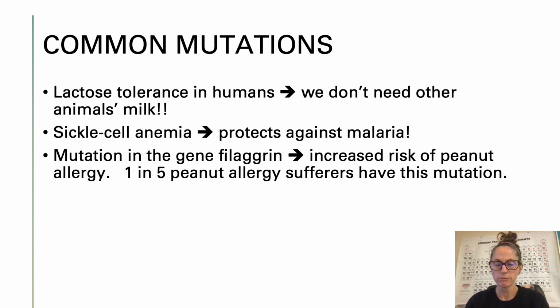More beneficial is if you only have one allele for sickle cell anemia and the other is normal, then you would have half healthy red blood cells and half sickle shaped. So you don't have the sickle cell anemia effects too badly, and you still have the malaria protection. A mutation in the gene filaggrin leads to an increased risk of peanut allergy. 1 in 5 peanut allergy sufferers have this mutation.